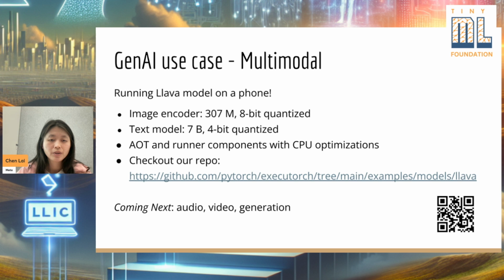The image encoder has 307 million parameters with 8-bit quantization. The text model has 7 billion parameters with 4-bit quantization. We provide AOT and runner components with CPU optimization, and the QR code is the instruction to try it out. We are also going to support other modalities like audio and video.